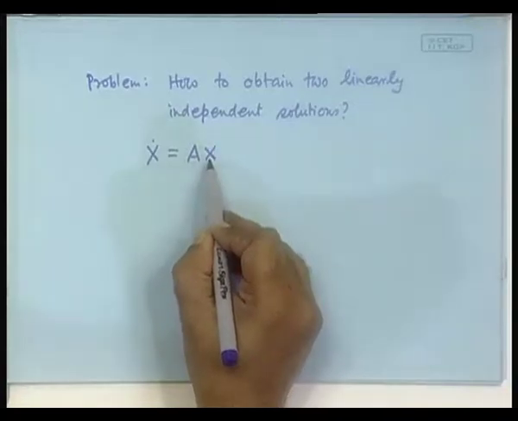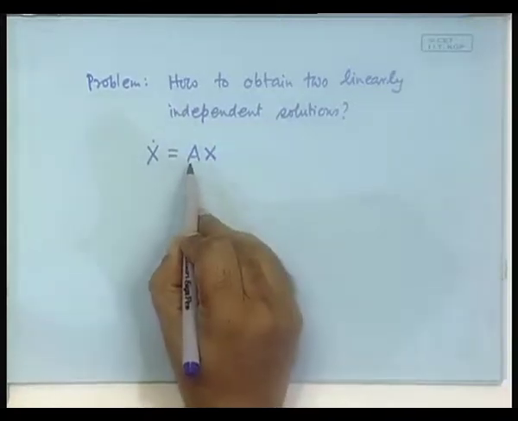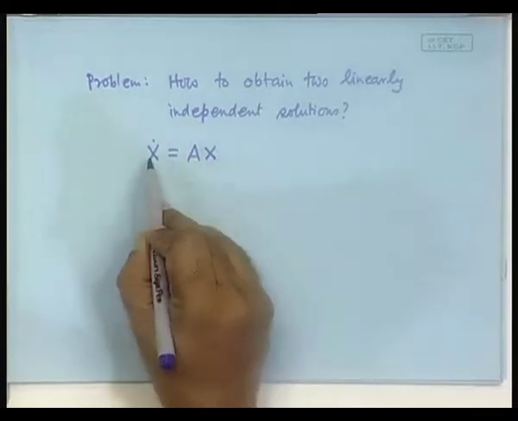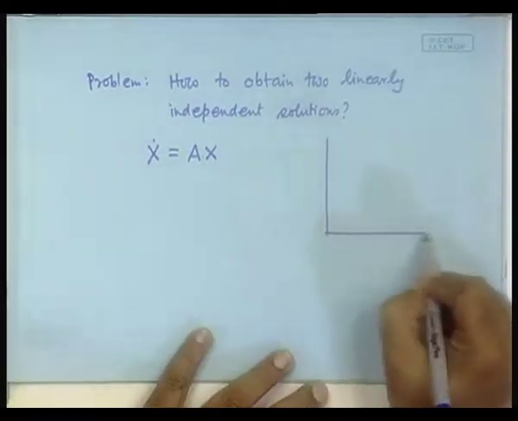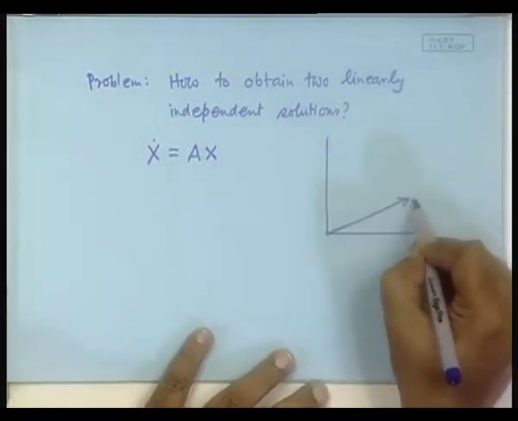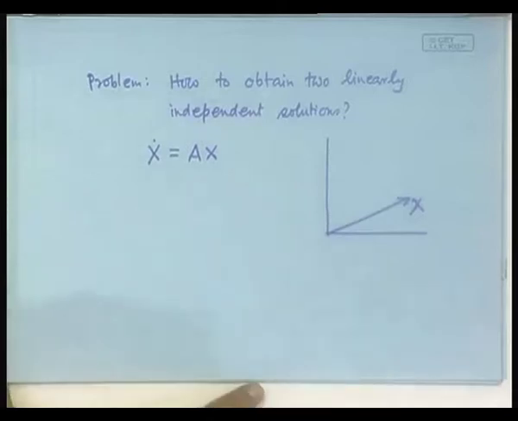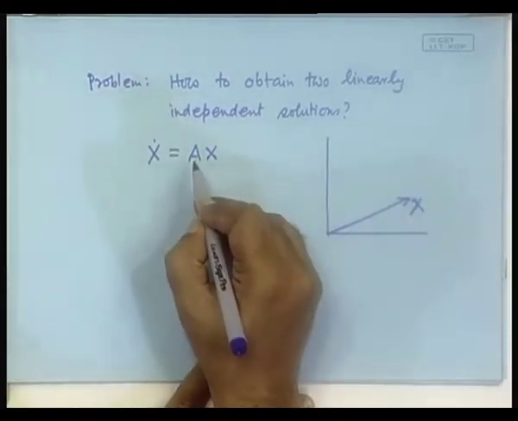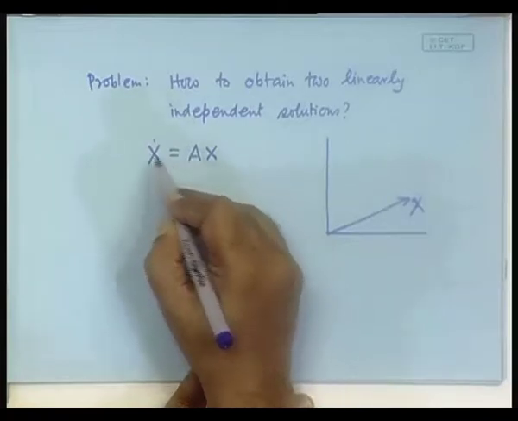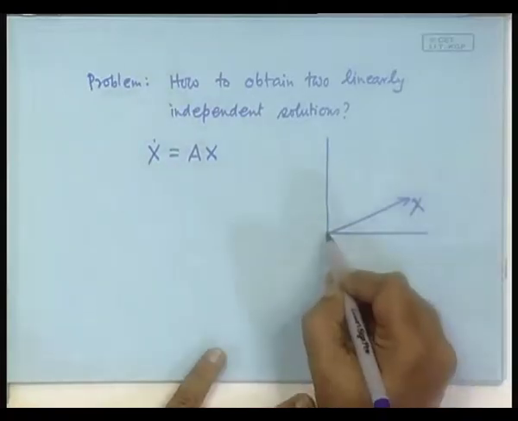Here is a vector on which you have operated the matrix A to obtain this, which is also a vector. Geometrically, it is a vector x on which you have operated by the matrix A to obtain another vector, say like this.